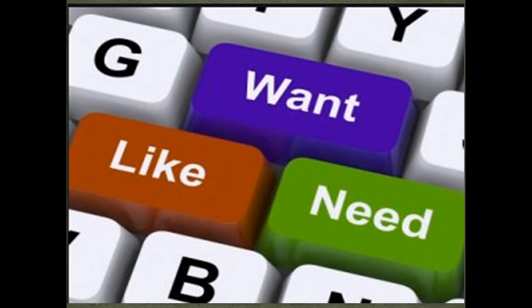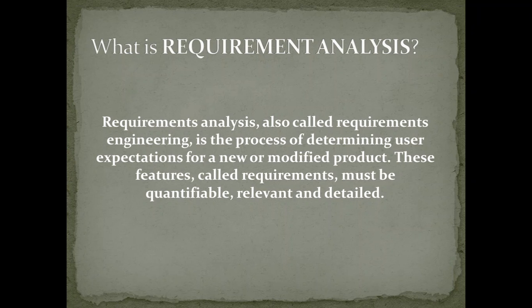The requirement can be a want requirement, a like requirement, or a need requirement. Having said that, not all requirements can be converted into a product feature. They have to be prioritized and analyzed, and only then can we implement. All these things will be a part of the requirement analysis.